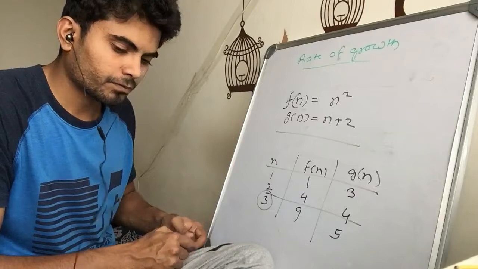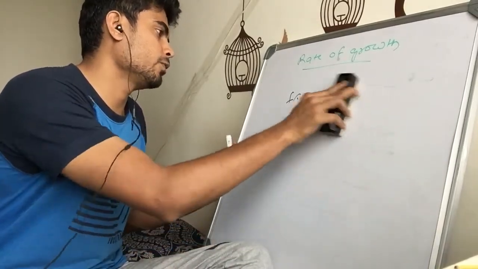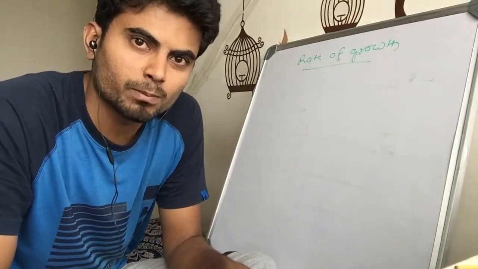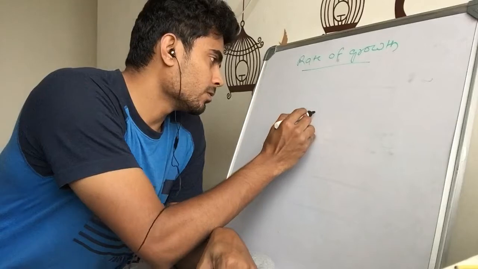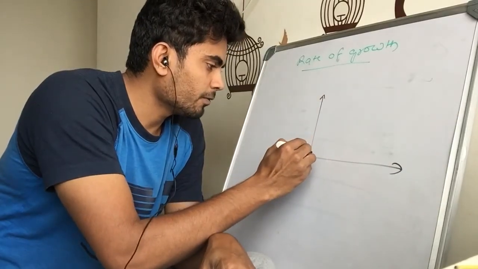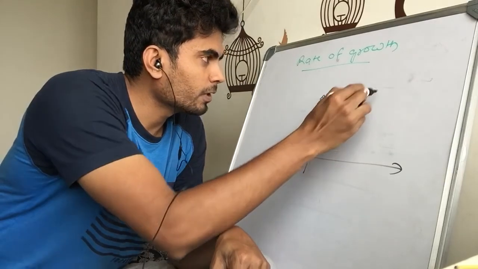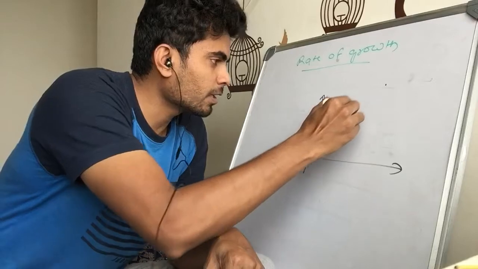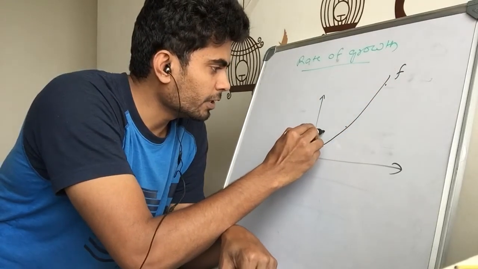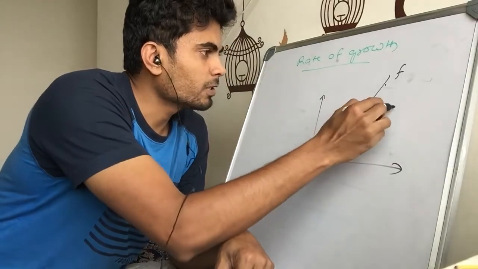If you understand what differentiation is, it's quite simple mathematics. In terms of graph, f is initially 1, then 4, then 9, so this is the graph for f, and g is initially 3, then 4, then 5, so this is the graph of g.